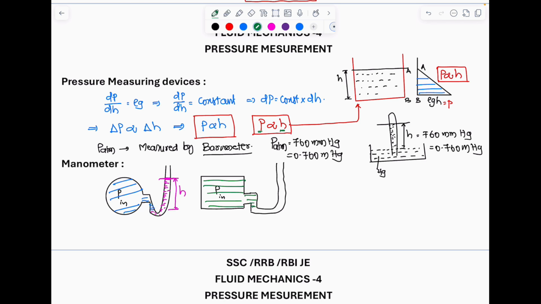I have used a fluid, either mercury column or water column, and this height is h.